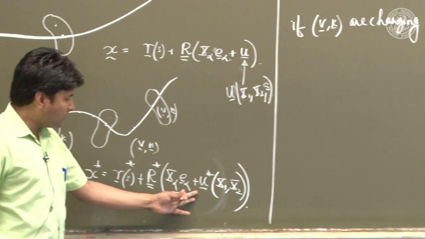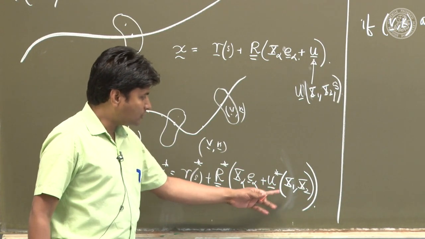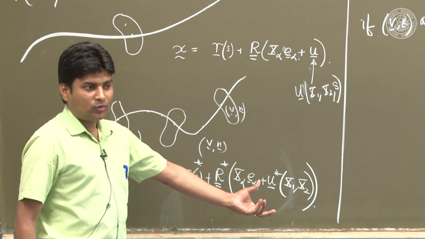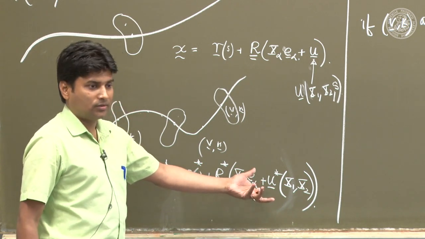So what's the advantage now? I want to get this U star which is not a function of S. So if I want to obtain this U star, will we have some advantage?